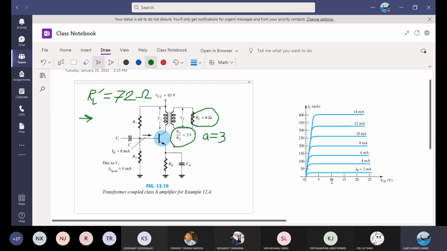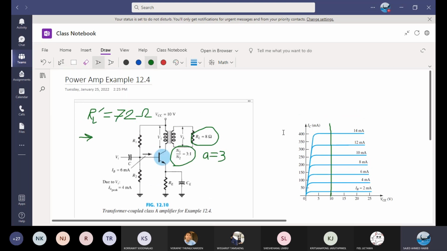We'll draw a load line from here. I'm trying to do by hand, so it will not look proper, and it does not autocorrect either. See, just a rough idea. We'll draw like this. Okay, I think that's good enough.